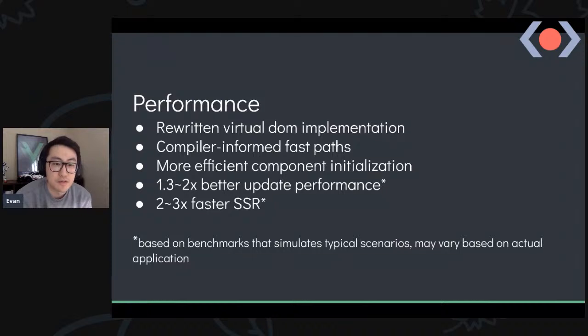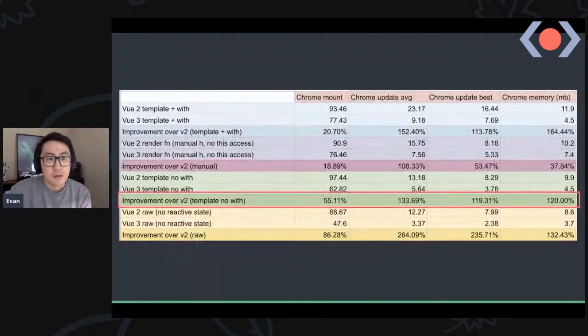One thing to note is these are based on benchmarks where we try to simulate typical scenarios, but obviously they cannot be fully representative of the performance in an actual application because there are a lot more variables involved.